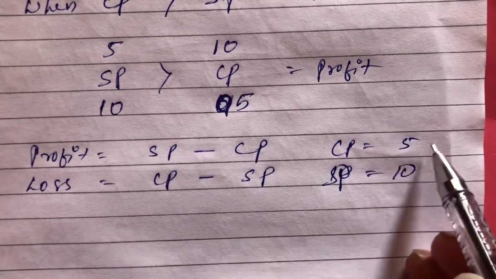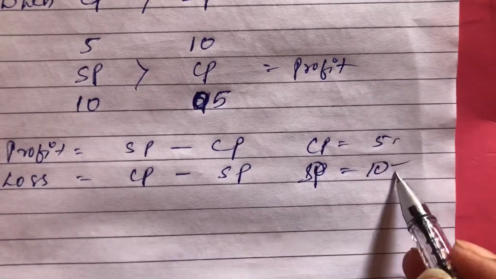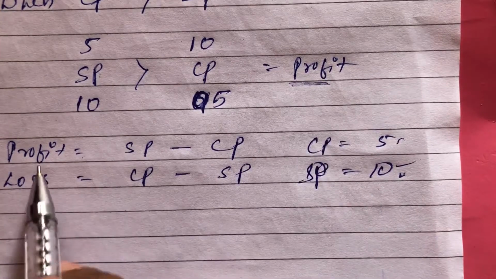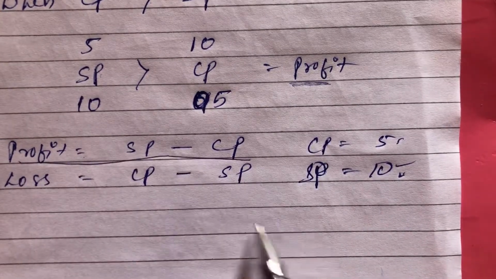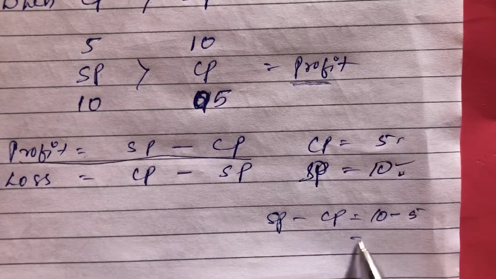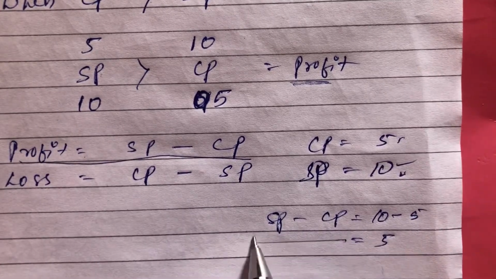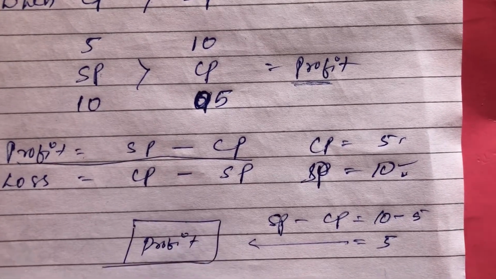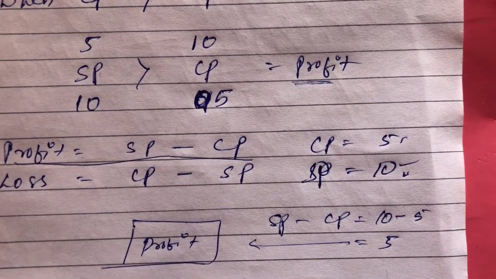Which one is greater, CP or SP? SP is greater, and when SP is greater, it is a case of profit. Apply the formula of profit, that is SP minus CP, that is 10 minus 5, which is 5. So this is a profit. How can you determine the profit? When SP is greater than CP.